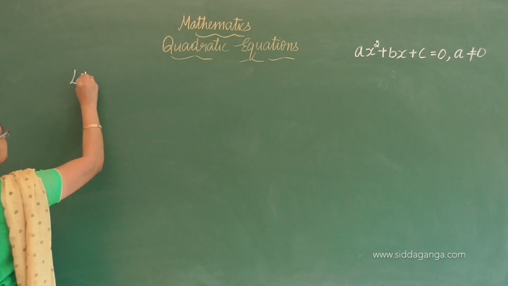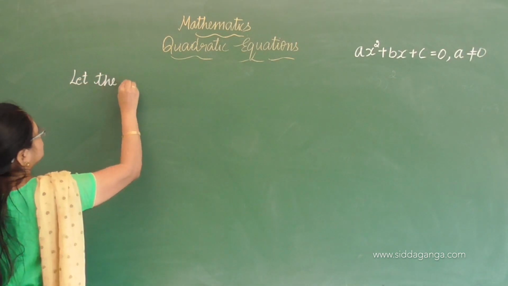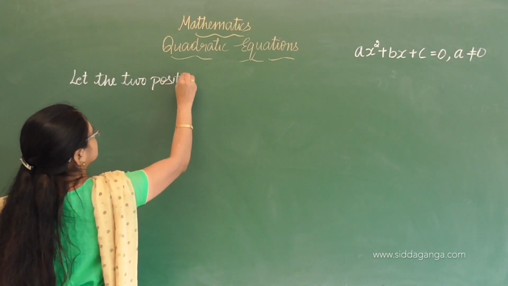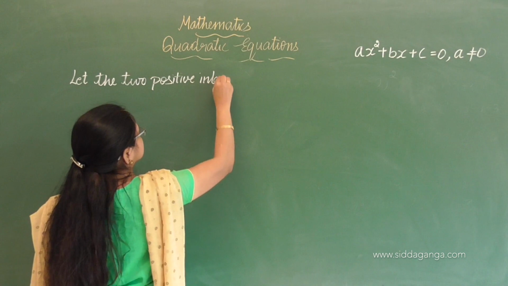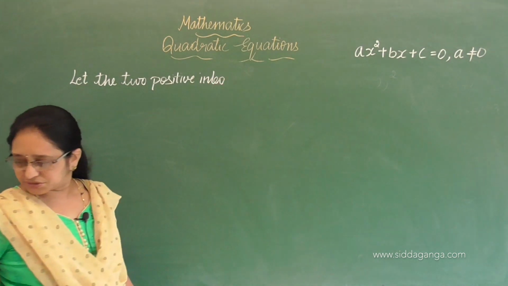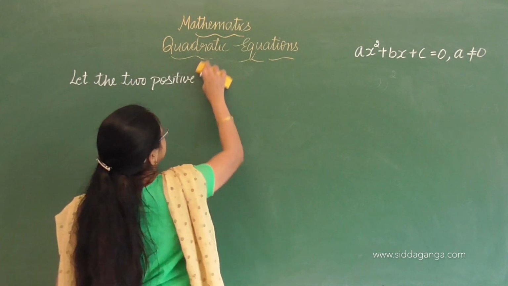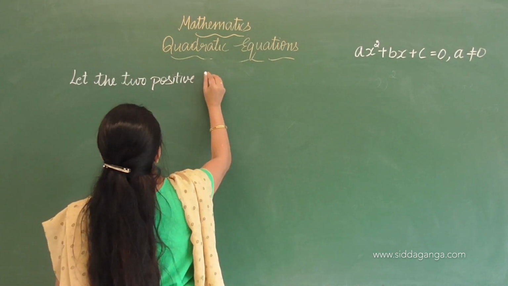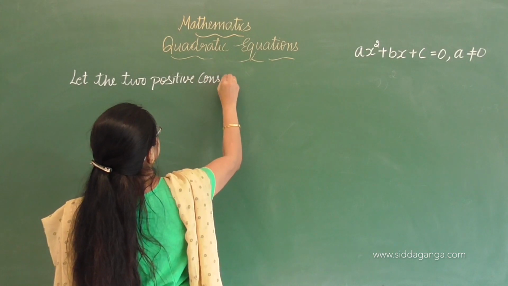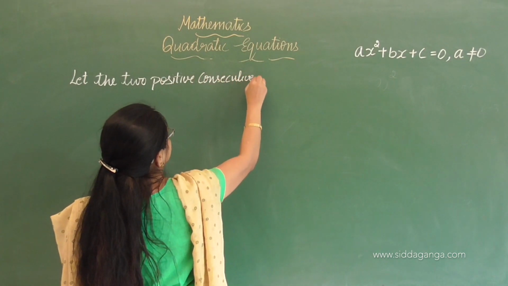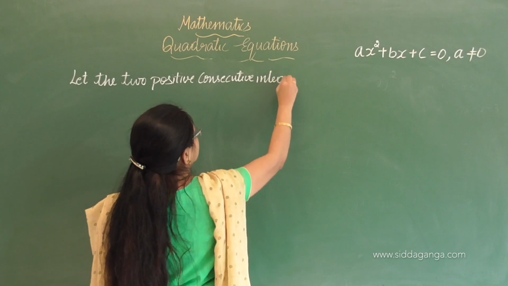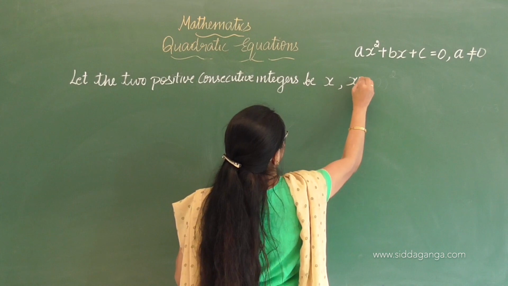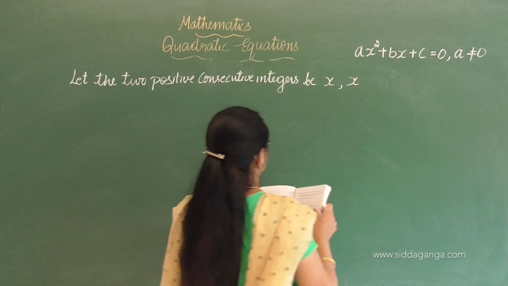Let the two positive consecutive integers be x and x plus 1.